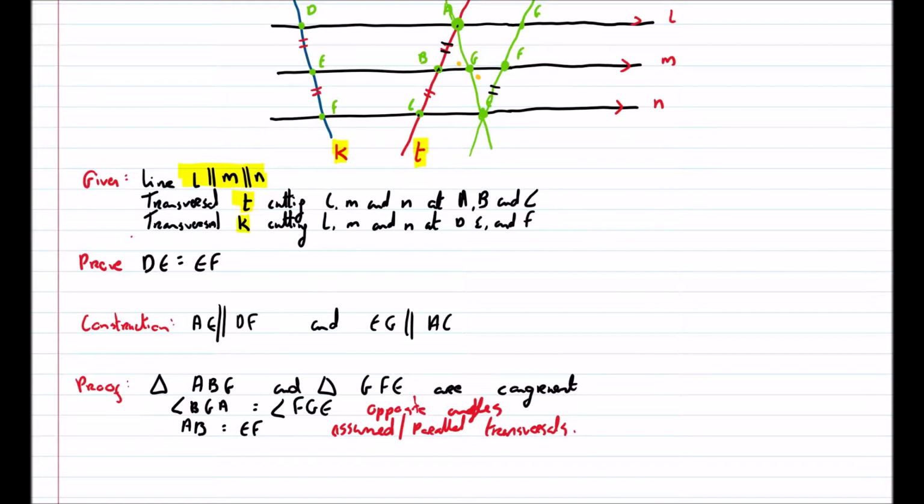And lastly, I can say that this angle here is the same. I probably should do it a different colour though. Okay, I'll do it in a blue colour. So I can say that this angle here is the same as this angle here.